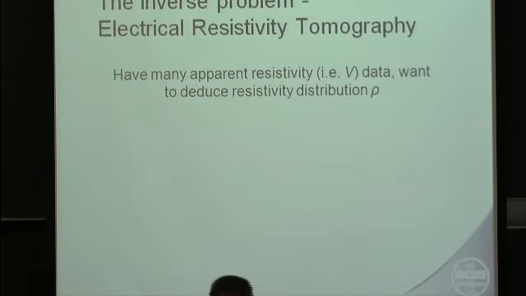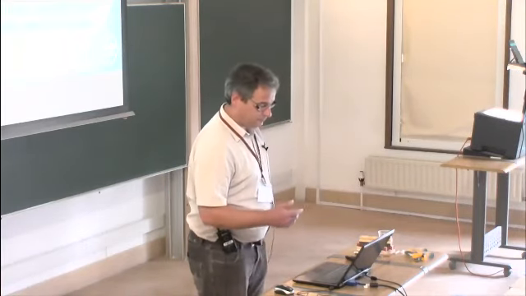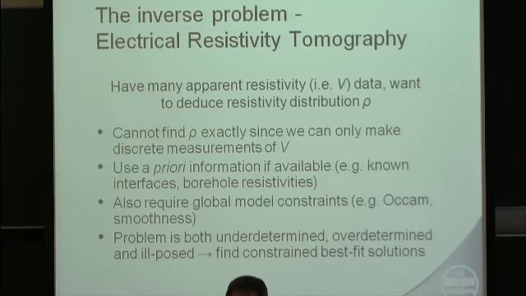The inverse problem, that's where we have many measurements of the electrical potential, which we scale to call the apparent resistivity, as I mentioned before. We want to deduce what the subsurface resistivity distribution is. We can't find this exactly. We only make a limited number of measurements of the potential in discrete locations. If we have a priori information, we can incorporate this in the inversion. Say, for example, if we know where geological interfaces are, or we have direct measurements of the resistivity from borehole logs.